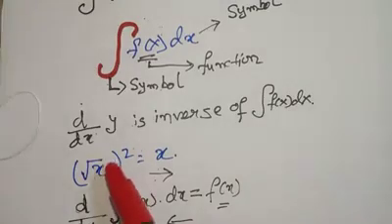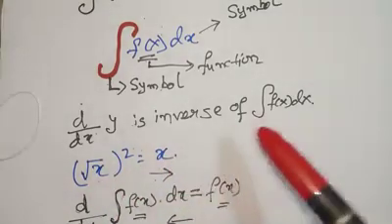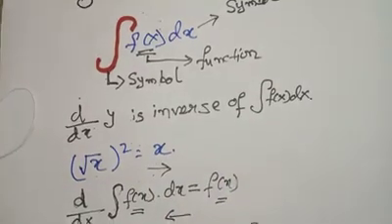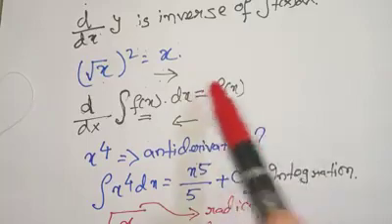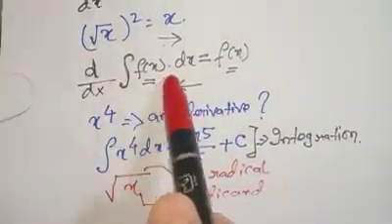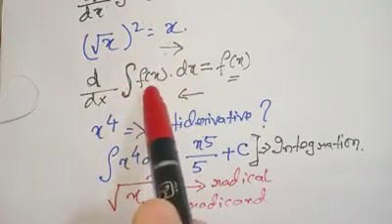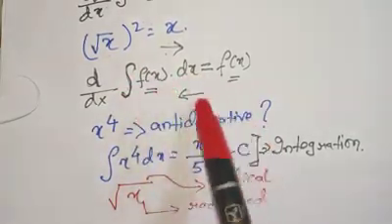Whatever is going in with the differentiation, if you do the integration, it comes out to be the same result. This is why we have shown that if we start with a function, integrate the function and differentiate it, it remains the same.